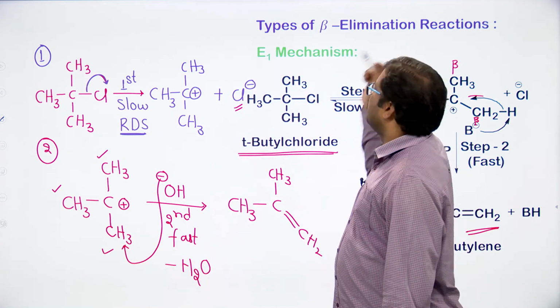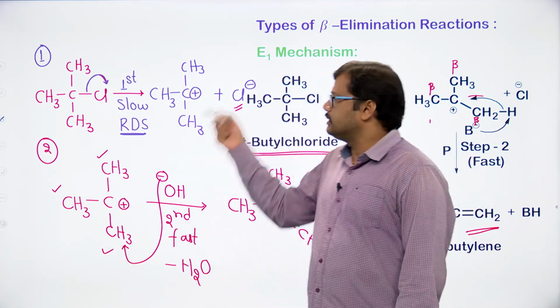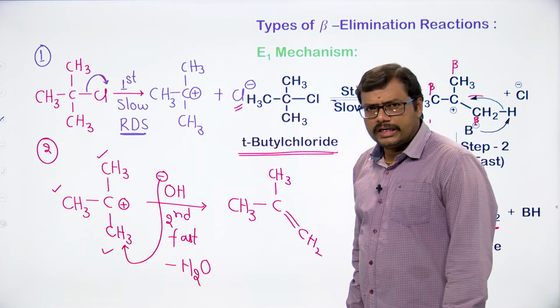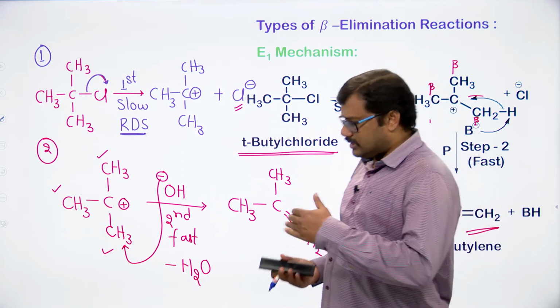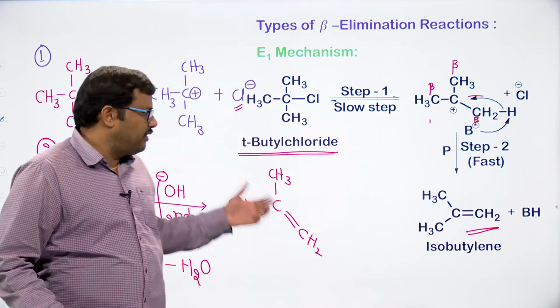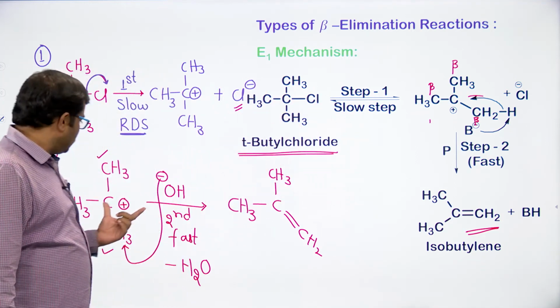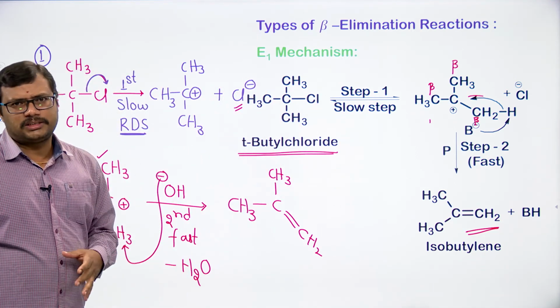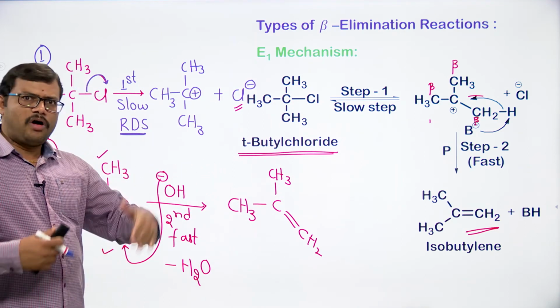So, therefore, it is a dehydrohalogenation reaction. But first halogen is removed, then we are removing the proton with the help of the base, and the first step is the slow step, whereas the second step is the fast step.